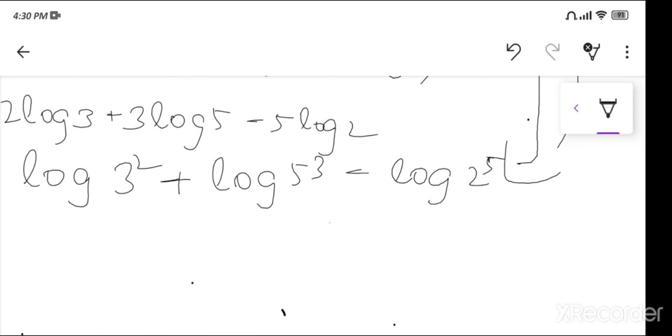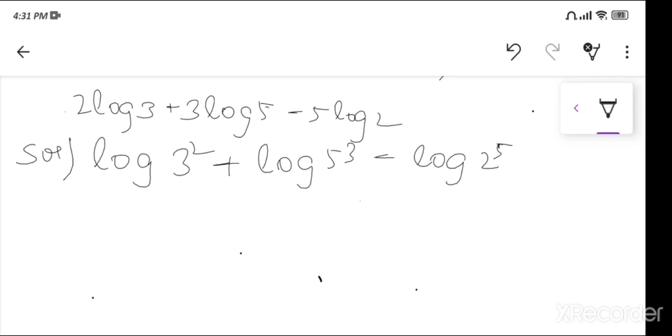Alright, nice. So I'm going to rub off that thing. Now we need to do this again. You no need to take the power back in front of the log, because if you do, you get the same question again.